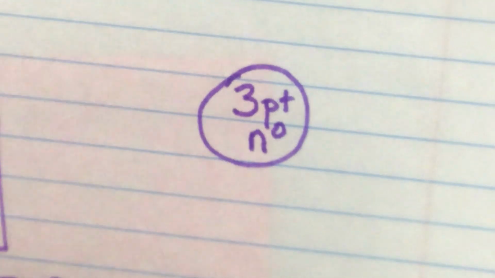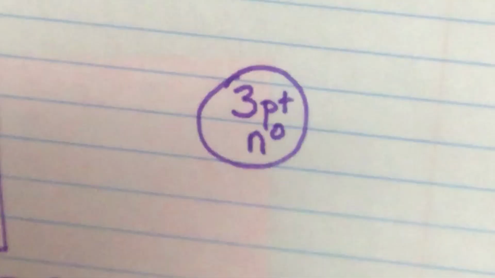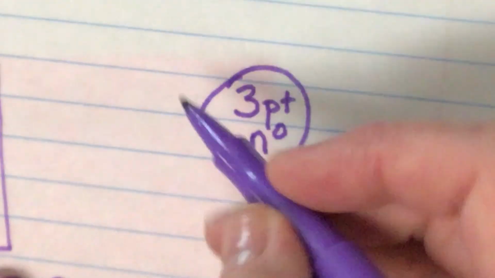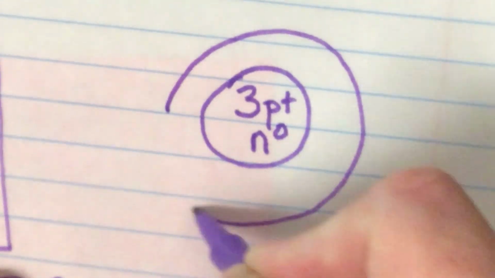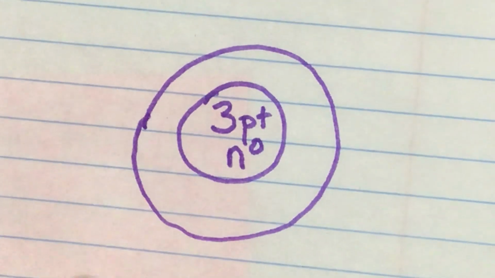How many negatives do we need to make it balance to 0? We need 3 negatives. Good. So what we're going to do is we're going to draw what we call energy levels. So you're going to draw 1 circle around the nucleus. This is called the electron cloud. Okay? So the electrons are going to hang out in the cloud.